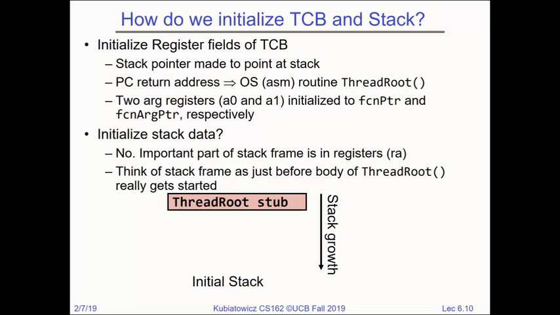And it's only when we switch to it to start running that thread root gets called and so on. And so thread root is the execution consequence of calling thread create, but thread create does a lot more. It has to set up the environment, get things ready to go. Thread root is a routine that will be running in the thread, whereas thread create is kind of like a routine running in the original parent thread. That's another way you could think of that too. Okay? Good. All right. I see a couple of shaking heads.